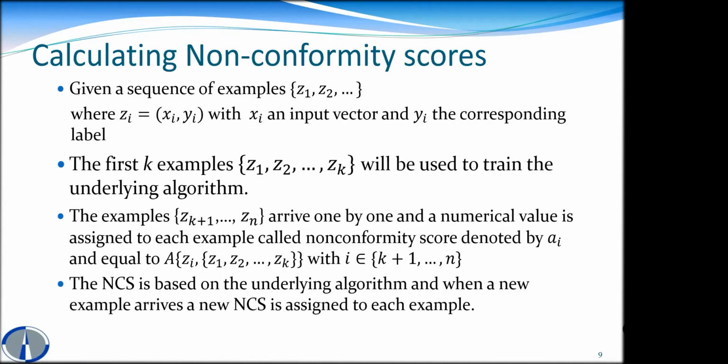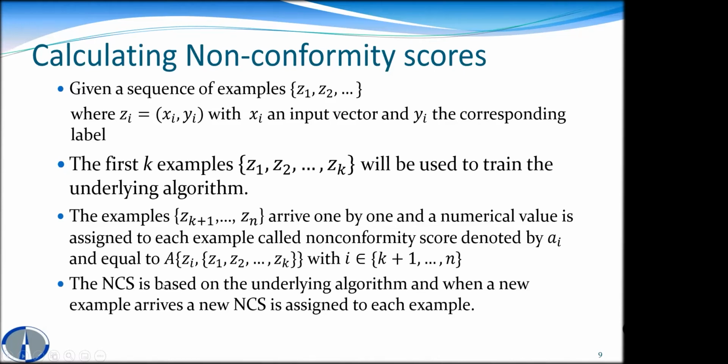Here we have Zi, a sequence of examples. Xi is the feature vector and yi is the label. The first k examples will be used to train our underlying algorithm. Then the examples will arrive one by one. A numerical value called the non-conformity score will be assigned to each example.